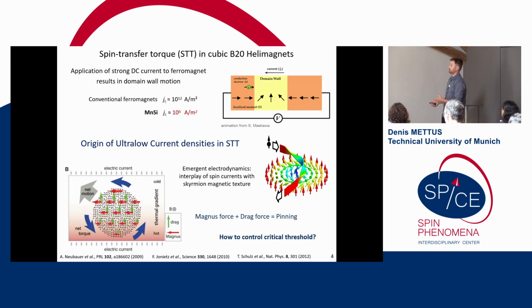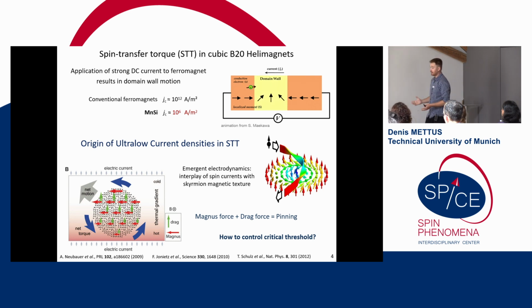And there is an explanation for that in terms of emergent electrodynamics. When your electron is trying to adapt to the local magnetic structure of the skyrmion, by Newton's law, it is also pushing the skyrmion. And in the end, you have a competition between the Magnus force plus the driving force on your skyrmion versus the pinning force, which tries to keep it in place.